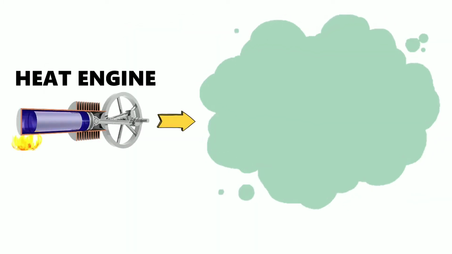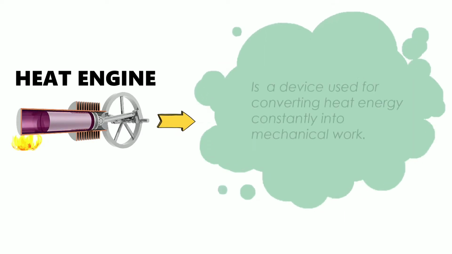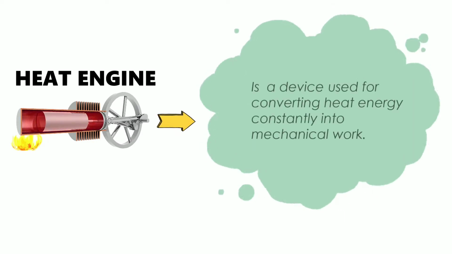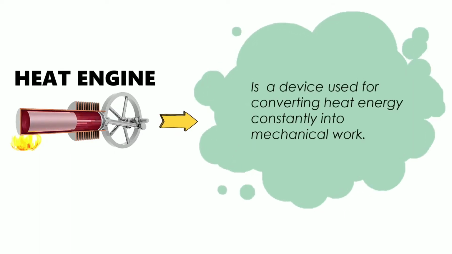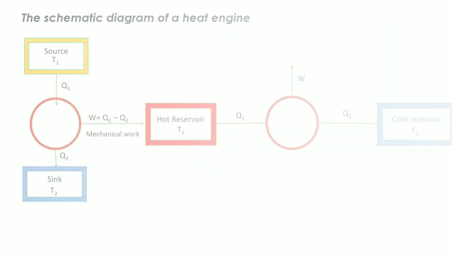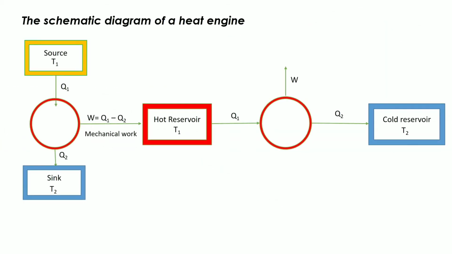A heat engine is a device used for converting heat energy continuously into mechanical work. The schematic diagram of a heat engine is shown here. The three essential parts of the heat engine are the source or hot body, the working substance, and the sink or cold body.